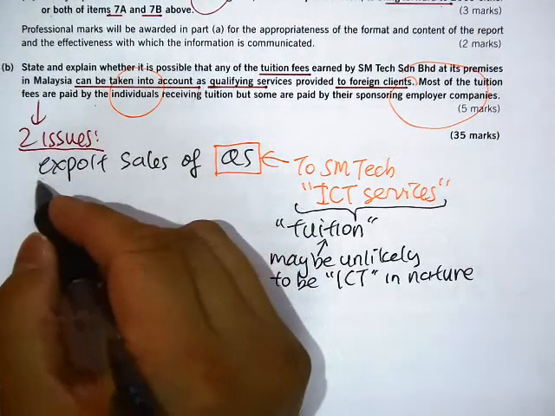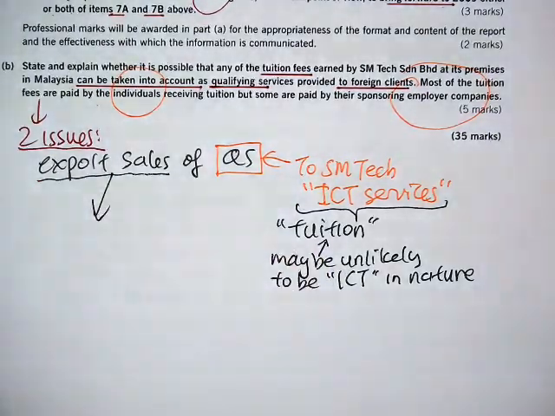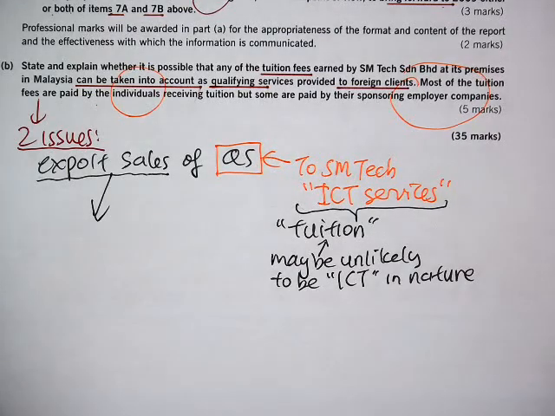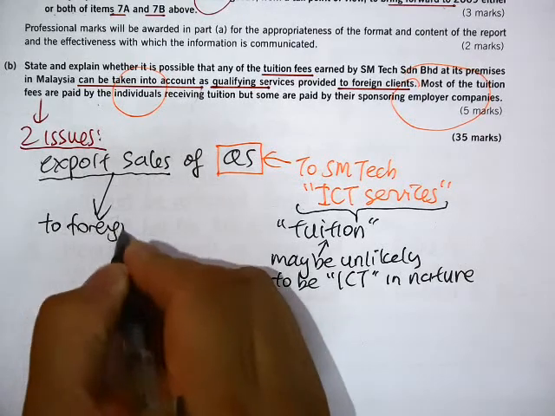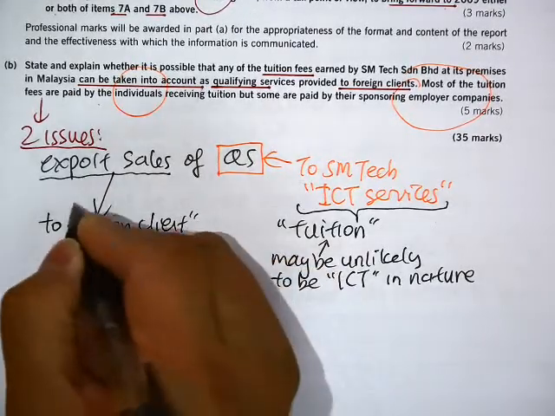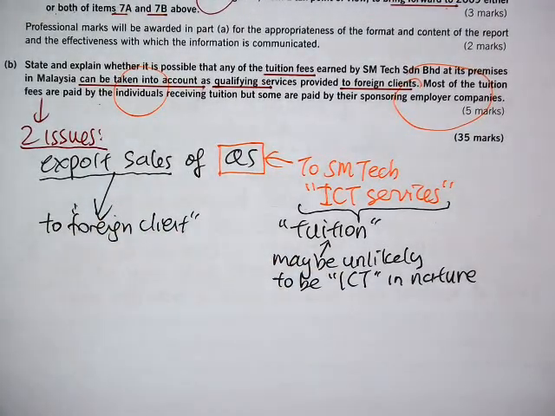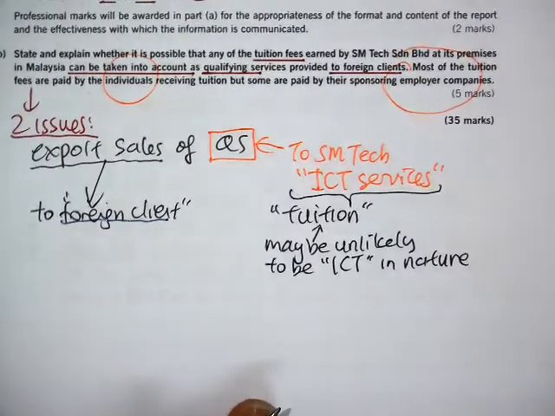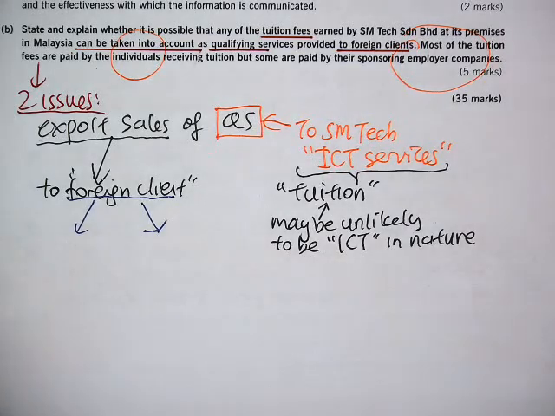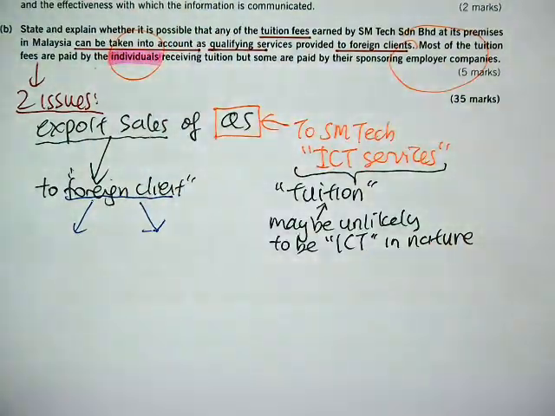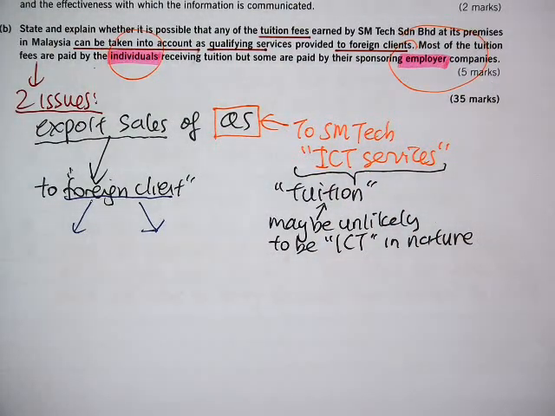Now then the second issue is, even if it's qualifying service, it must be an export sales. Now an export sales must be export sales that you provide to foreign client. So what do you mean by foreign client? Now they mentioned that the one receiving the service are basically individual and employer company.